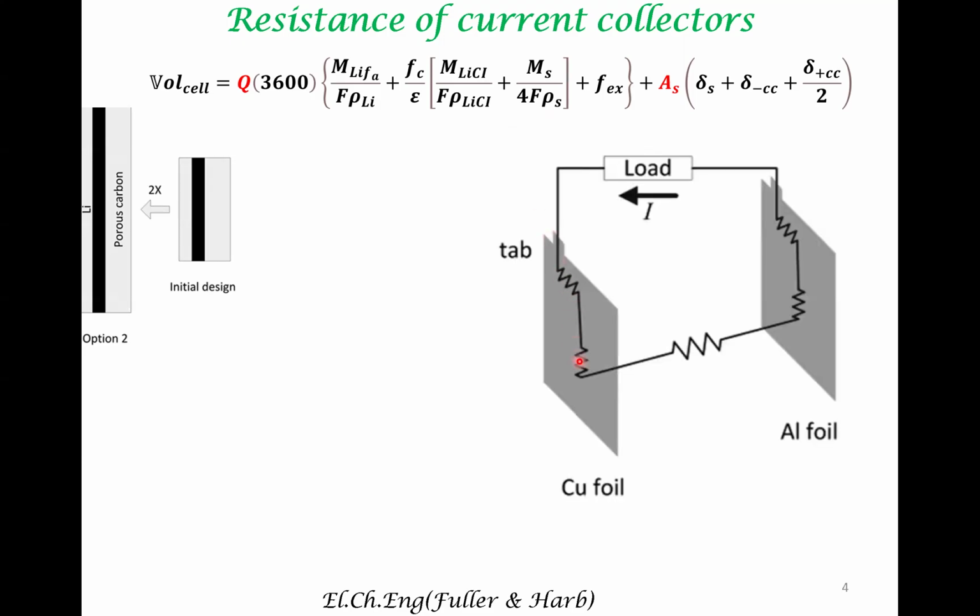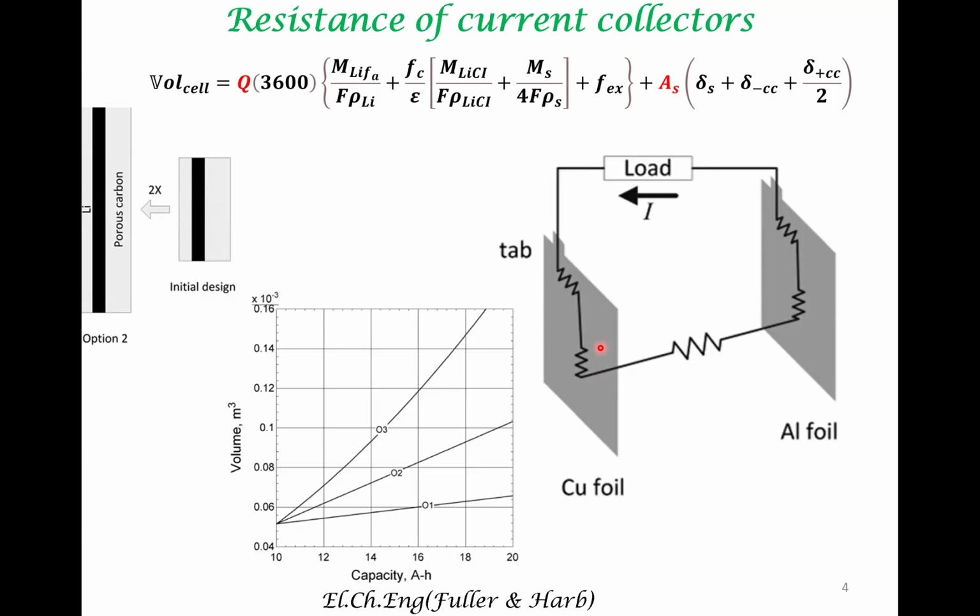When I increase this cross-sectional area, there is a potential drop to get the current out from the current collector. Okay, so as the cross-sectional area increases, this ohmic drop also increases.